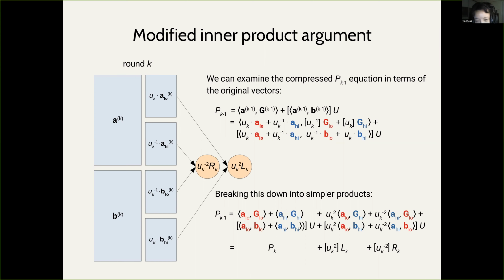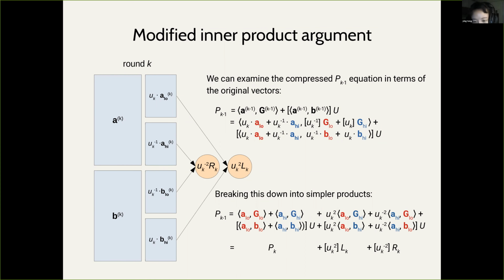And what's interesting about these columns is that the first column is just our original PK, right? It's AG plus BGU. That's PK. But the second and third columns are quite different beasts because they actually contain cross terms.